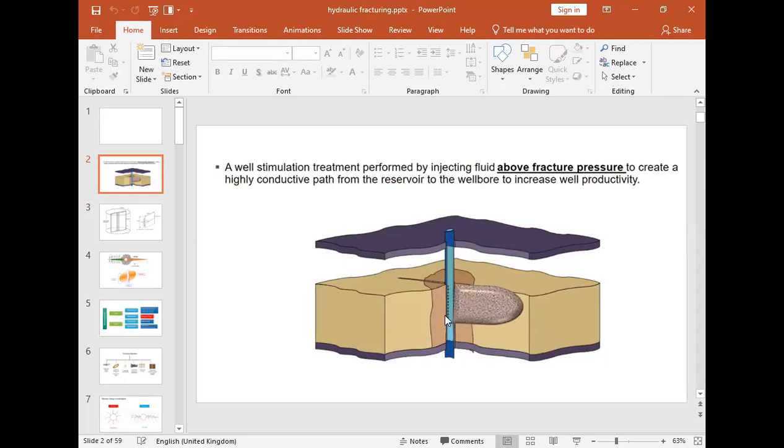This is the area where the fluid finds its way into the reservoir. It has to be organized in such a way that you don't fracture a zone that is not required. Because definitely, if this is my reservoir, I will expect an oil-water contact around this point, where I have my oil up and my water down.